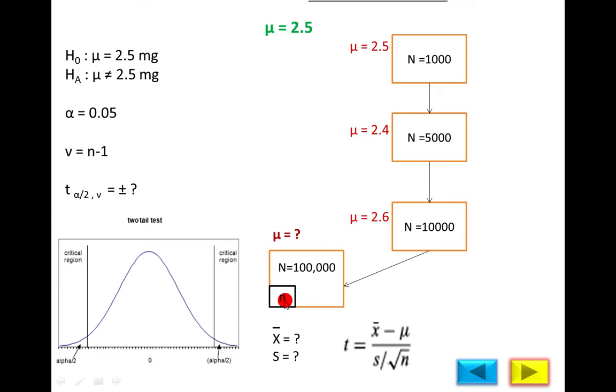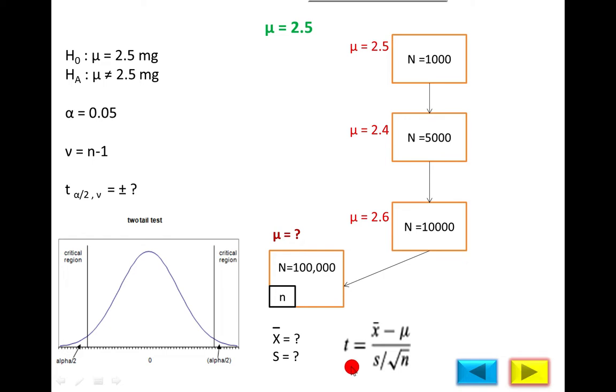Select a sample randomly and then calculate the average weight of the tablets, represented by x bar because it is the sample mean, and then calculate the standard deviation of the collected sample data. Take the sample mean, sample standard deviation and sample size, and substitute in this formula. This is the formula of the t-test.